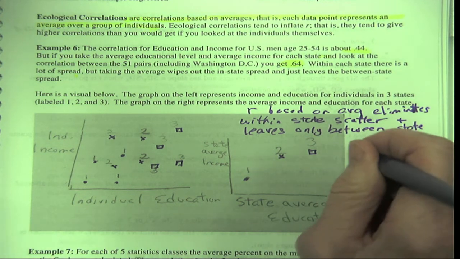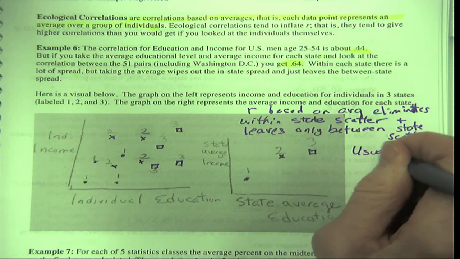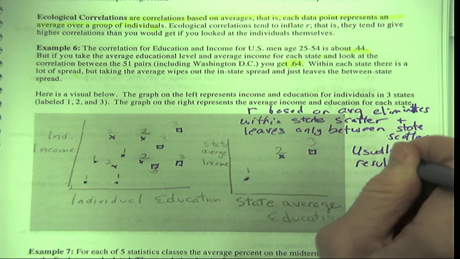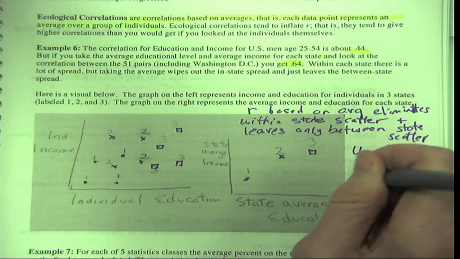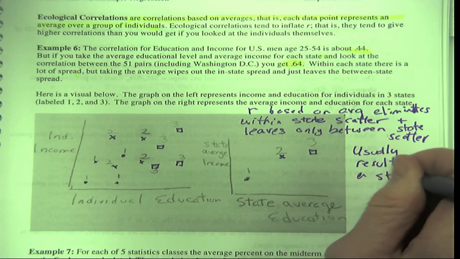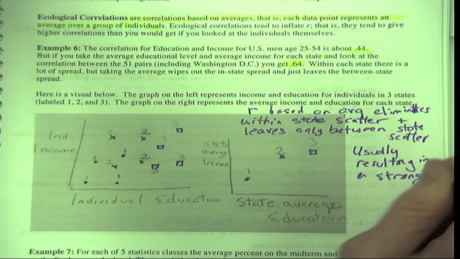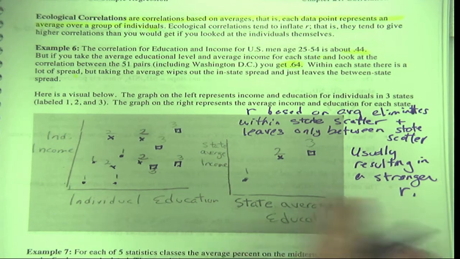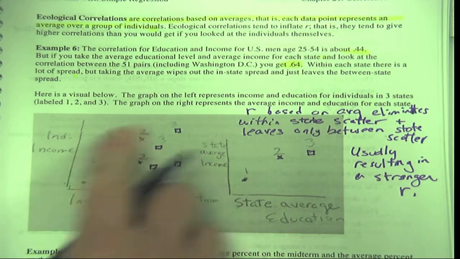So usually, not always, resulting in a stronger R, okay? Whereas here you can see you have a lot more scatter.